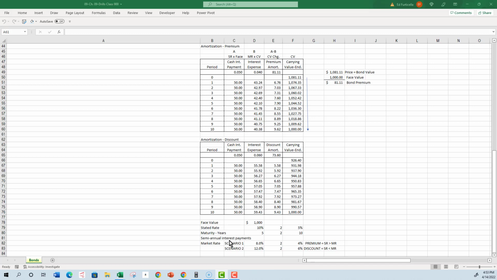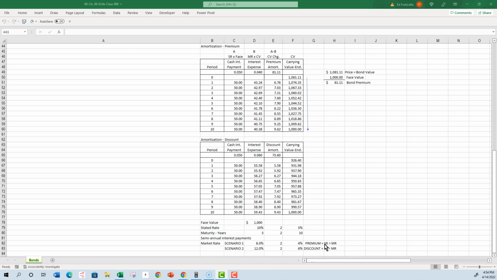We have two scenarios we're going to look at, one in which the market rate is 8% and one in which the market rate is 12%. In the 8% scenario, because our stated rate is 10% and the market rate is 8%, we're going to have a premium bond. Premium bond means that the bond will sell for more than its face value.